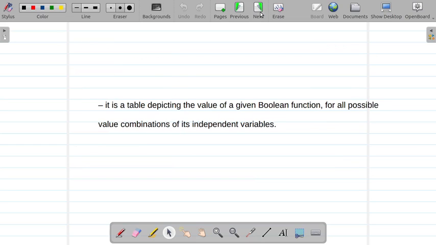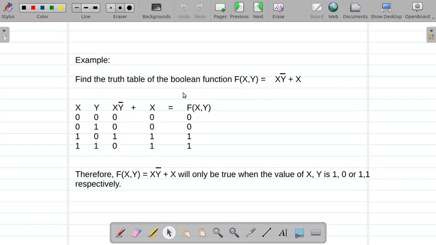So, let's give an example for better understanding. Find the truth table of the Boolean function f of x and y equals x complement y or x.